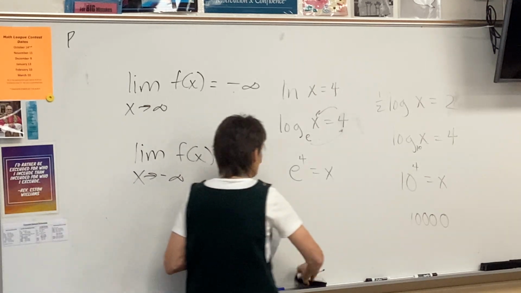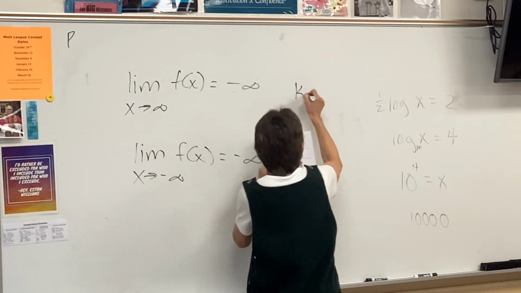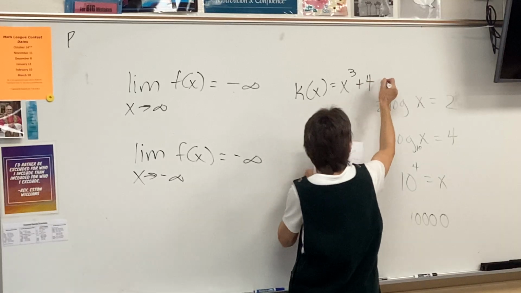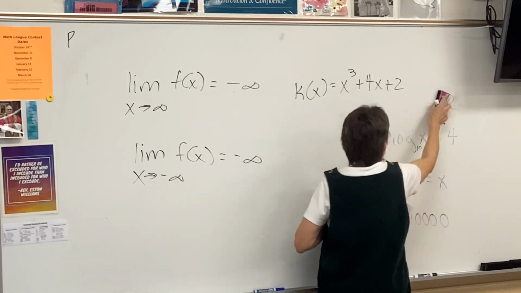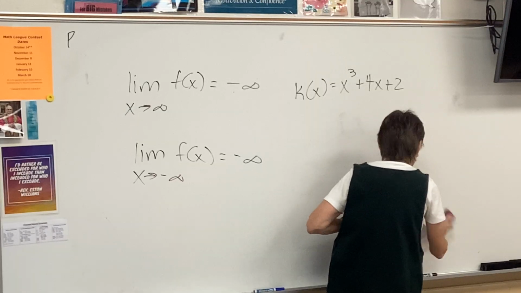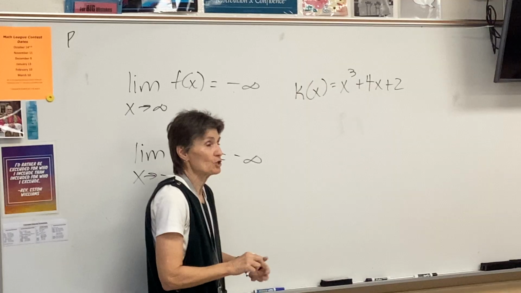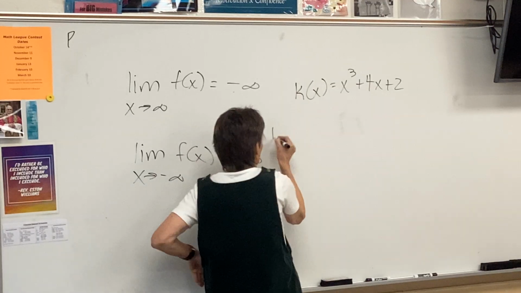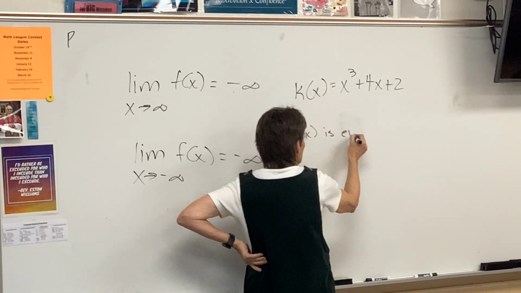I got some function called k, and I want to know if it's even or odd, and I have to prove my answer. So let's back up and remember, what's the definition of an even function? If k of x is even, what's going to happen?